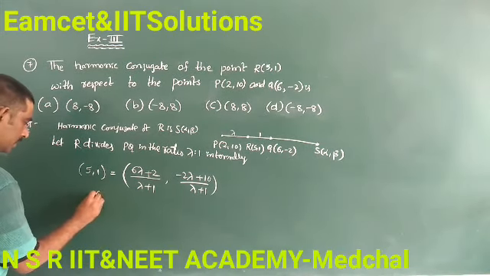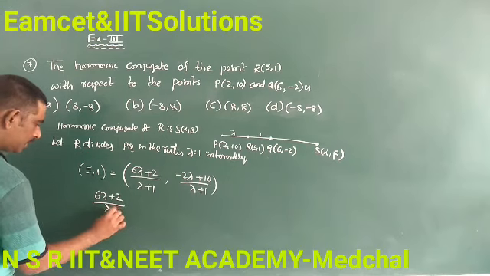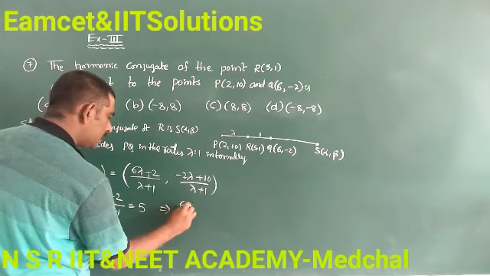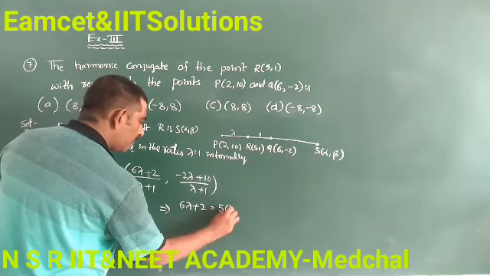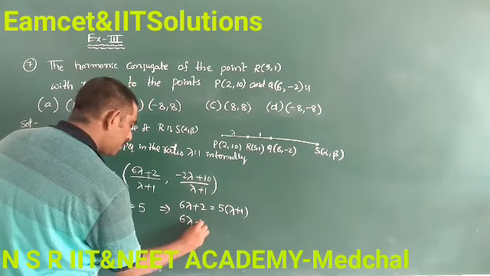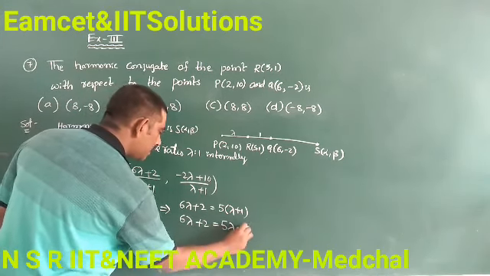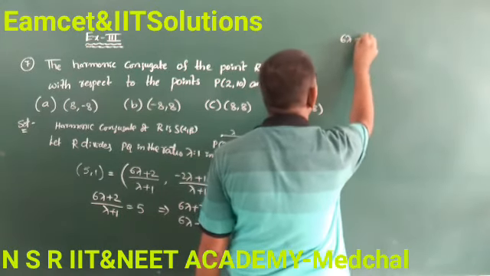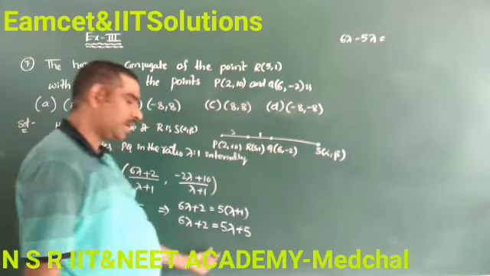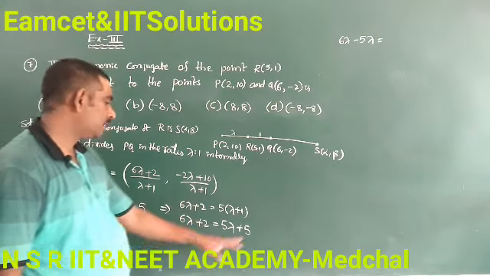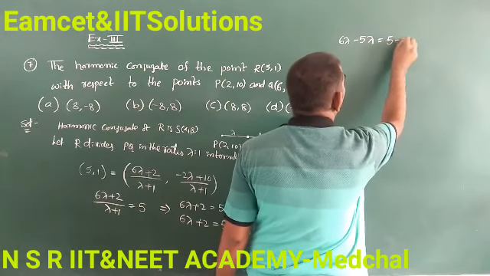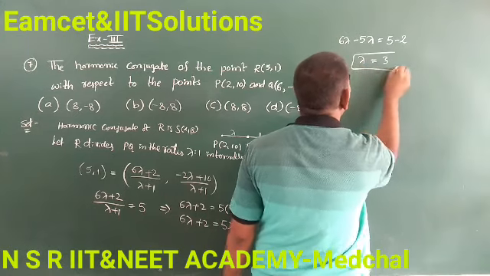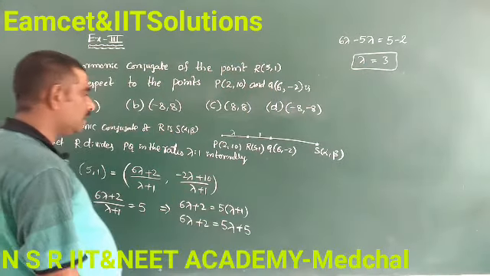Equating (6 lambda plus 2) by (lambda plus 1) equal to 5, 6 lambda plus 2 equal to 5 lambda plus 5. So 6 lambda minus 5 lambda equal to 5 minus 2, lambda equal to 3. So our value of lambda is 3.